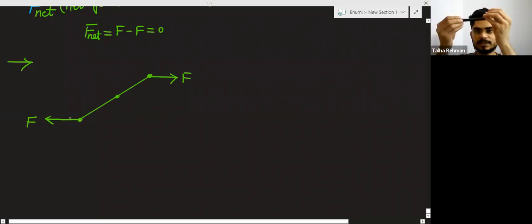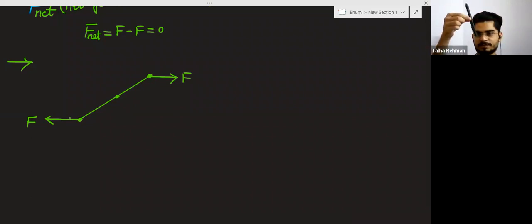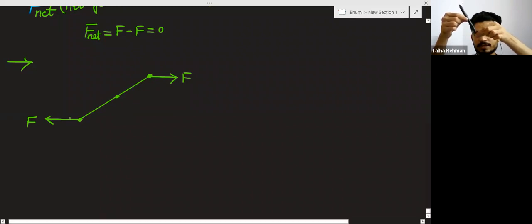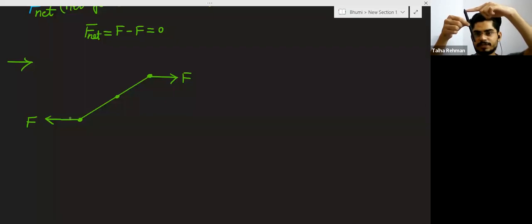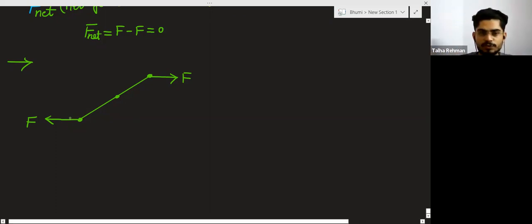See here, this is a dipole. Now someone is applying a force in this direction, and someone is applying a force in the opposite direction, so this pen will try to rotate like this due to both the forces, if both the forces are equal.